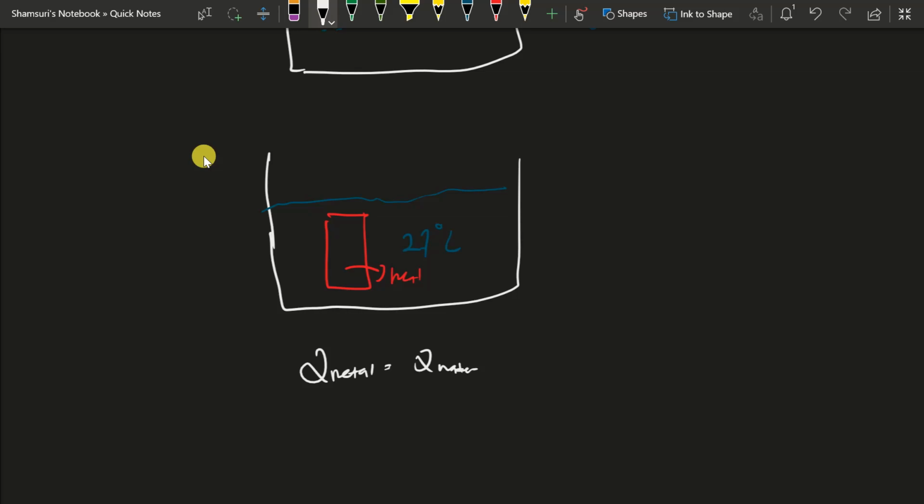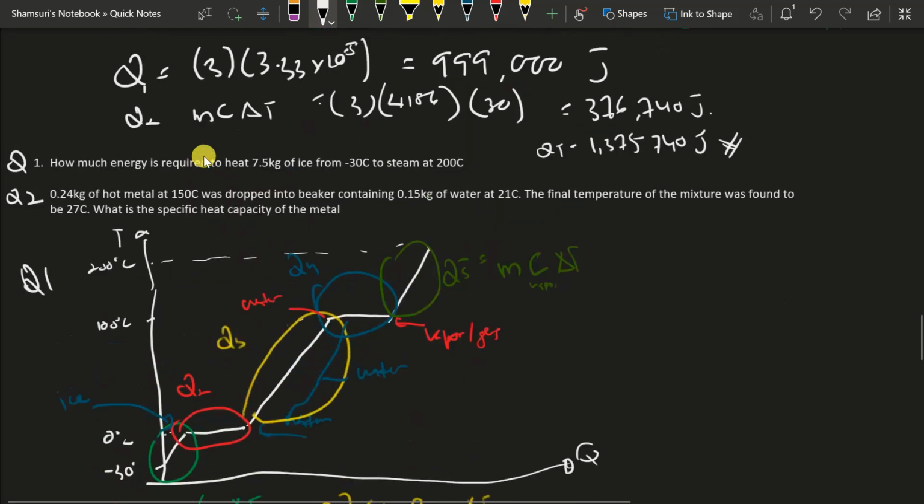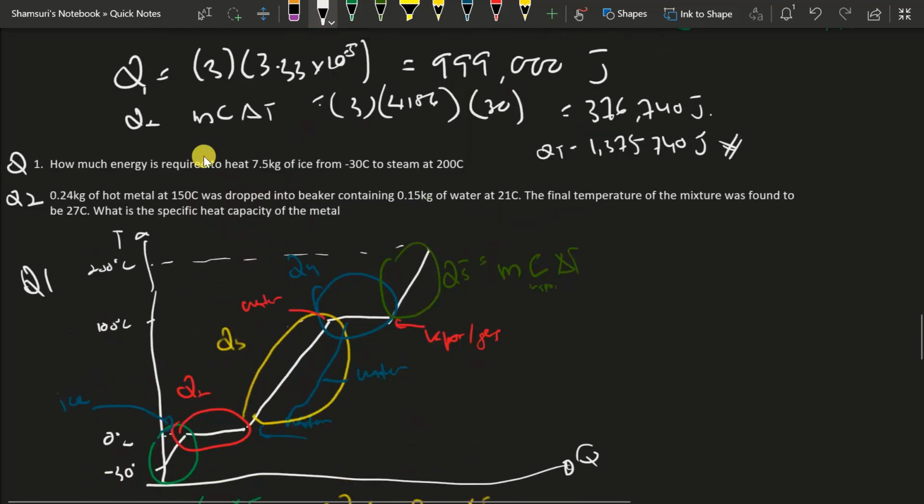They are asking for the specific heat capacity of the metal.